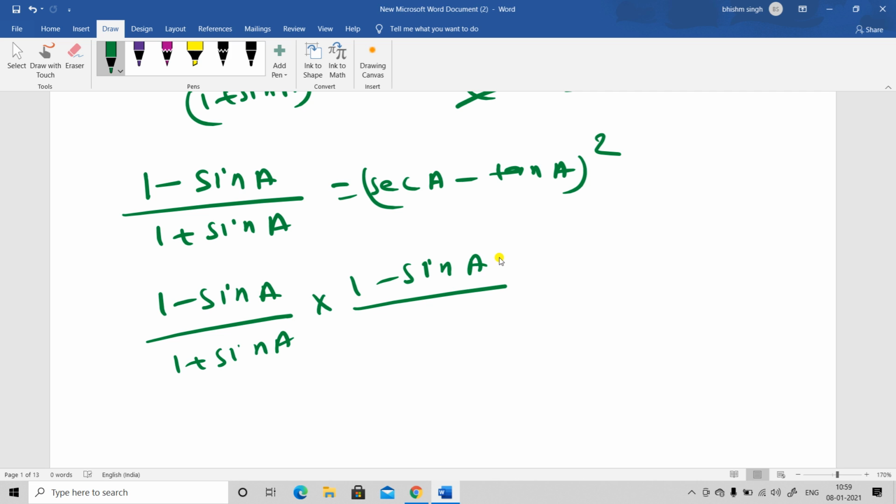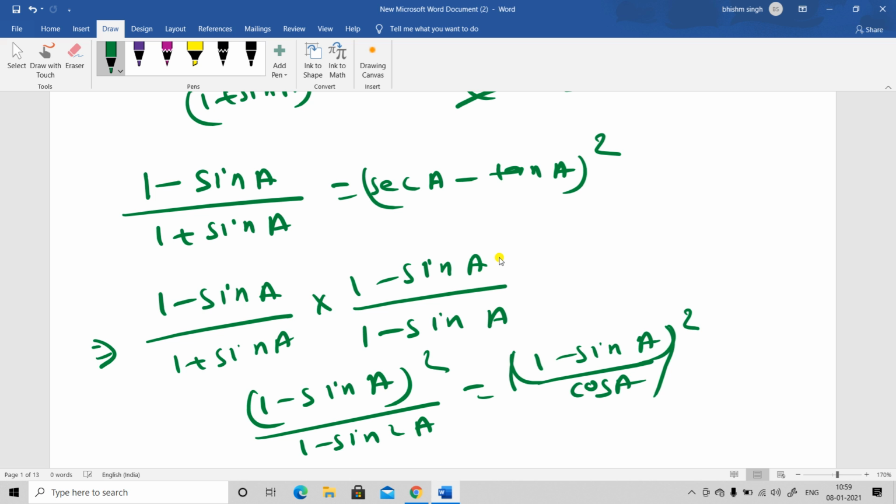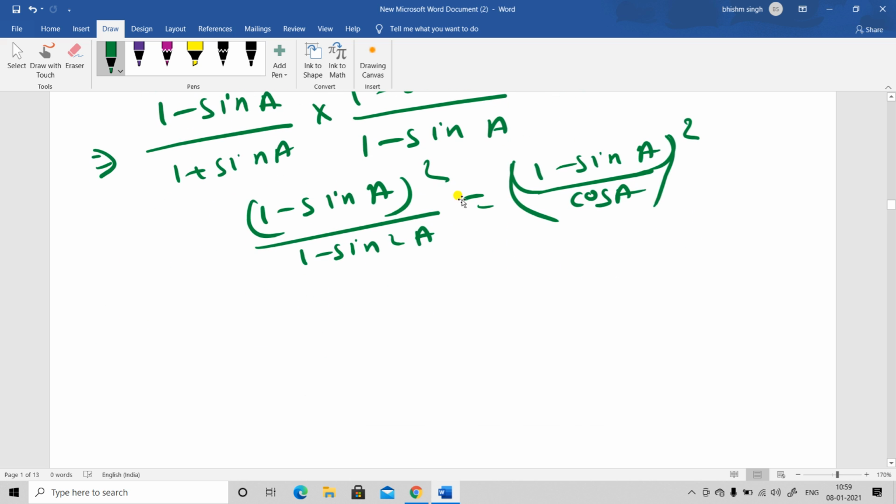Now we want sec and tan, so we want something we can divide by below. This gives (1 minus sin A) whole square on top, and below it is 1 minus sin square A, which is cos square A.